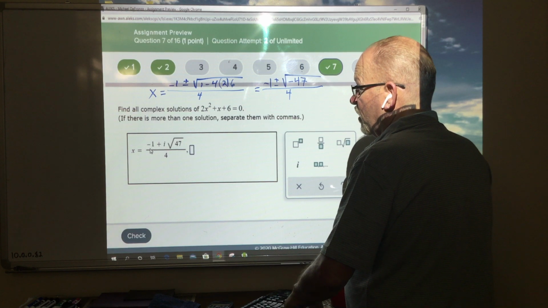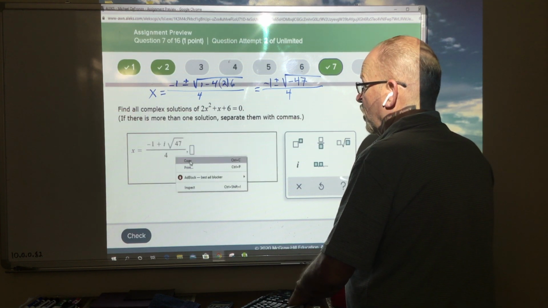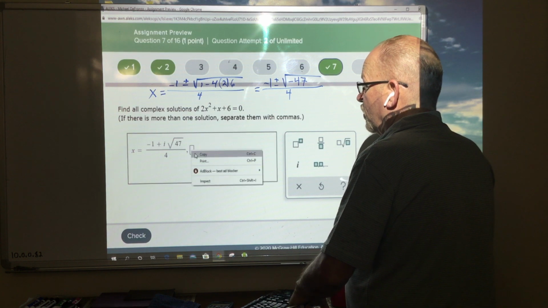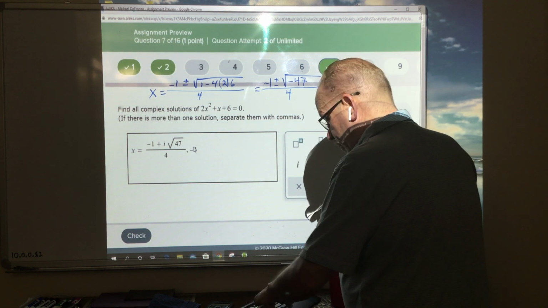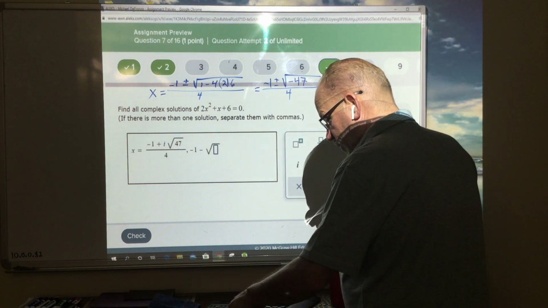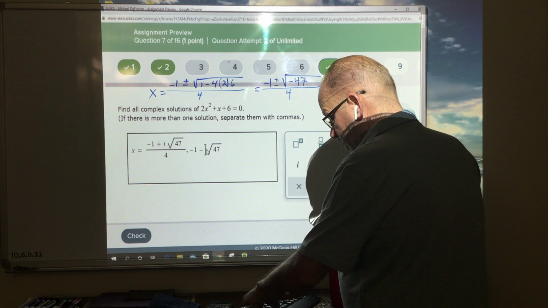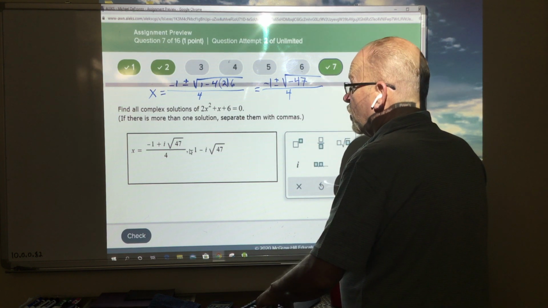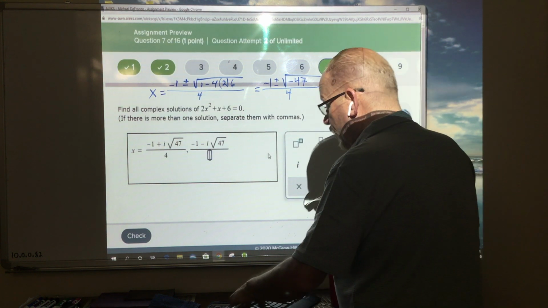I wonder if it lets me copy and paste. That would be too easy. Copy. Nope. So, -1 minus i root 47 over 4.